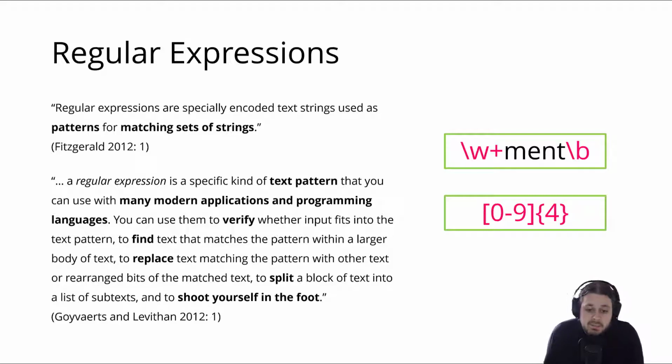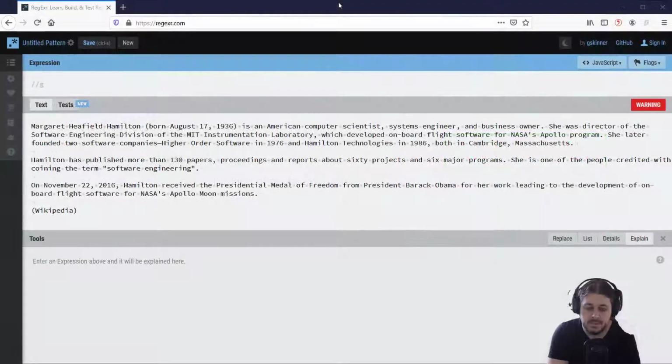And then this last thing here, shoot yourself in the foot, is based on the fact that regular expressions can be very complex and they can drive you crazy due to all of the complexities. However, we're not going to talk about these complexities today. This is just a primer for you to get started, and then you can dive into this topic on your own. Okay, so even without fully understanding what's happening, let's try these two things out.